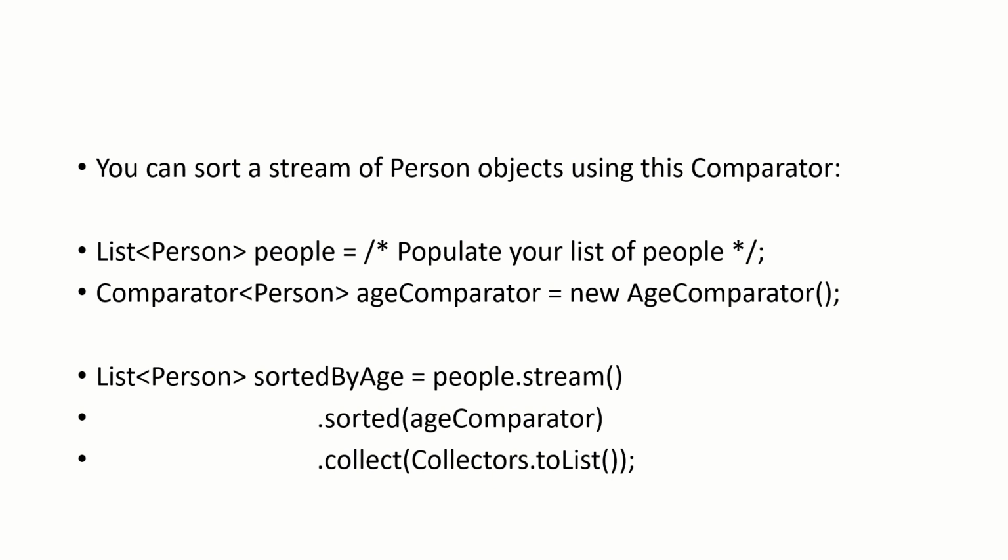But in the case of custom comparison, you have to pass the custom comparator class that you have created, which is age comparator, and then you collect the list of sorted persons. So this is how you can use the comparator in the Stream API.